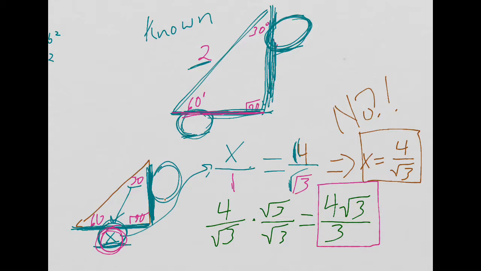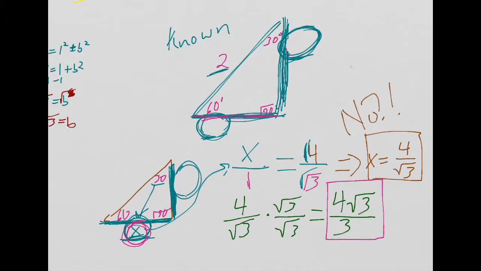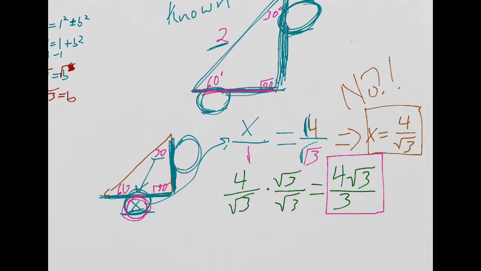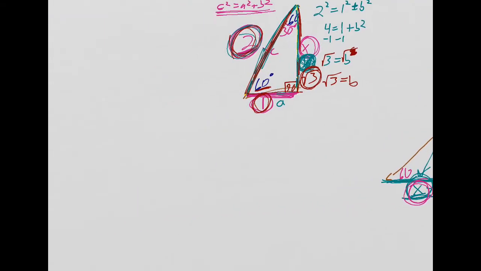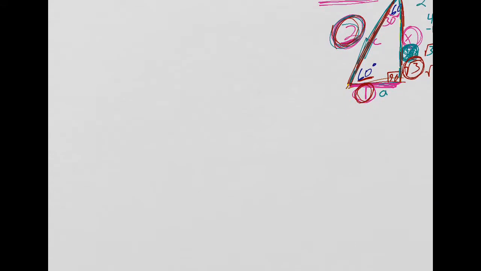Alright, so let's try one more here. I'm going to get rid of this and move all of this stuff over. Okay, so don't forget, I'm looking at my 30, 60, 90 triangle.